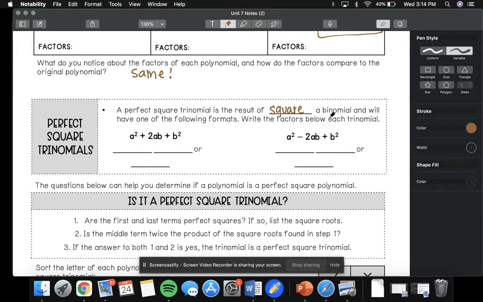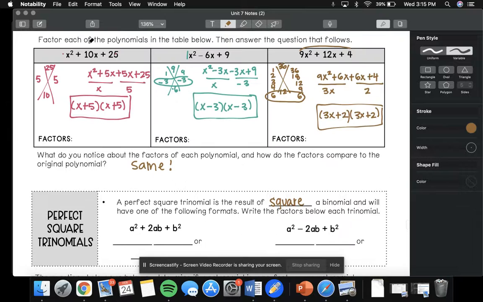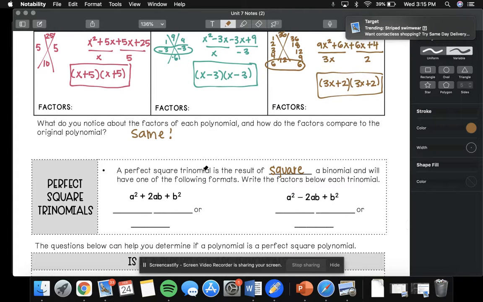Write the factors below each trinomial. If we have a squared plus 2ab plus b squared, just like right here where we had 2 of the same thing, it looks like we would have a plus b times another a plus b, or we could rewrite this as a plus b quantity squared.